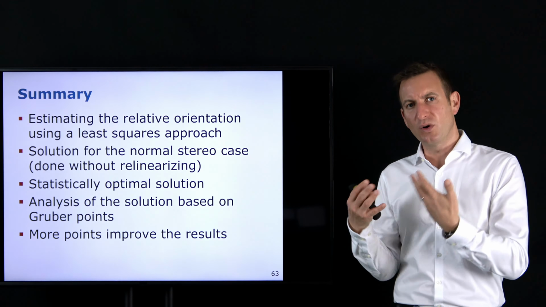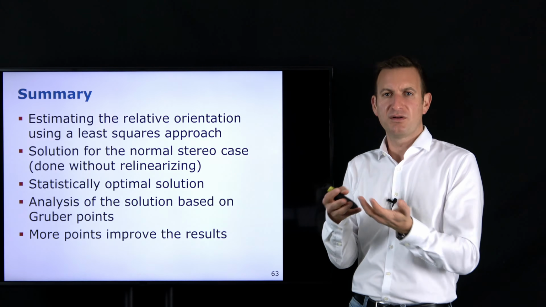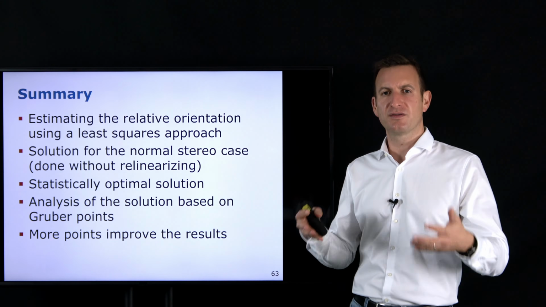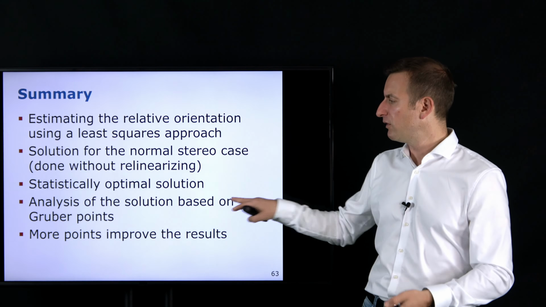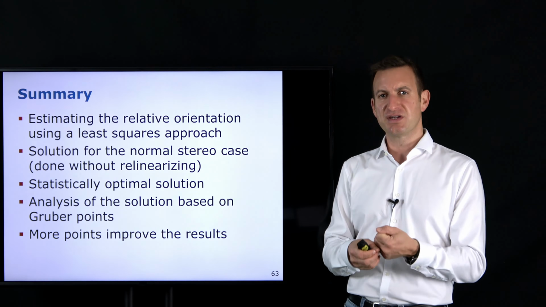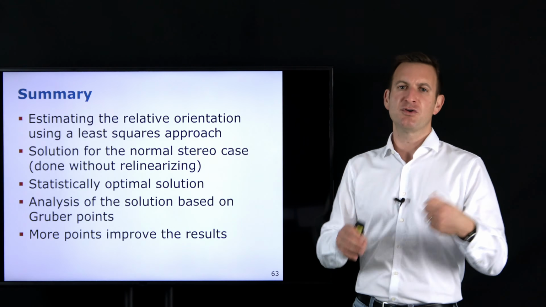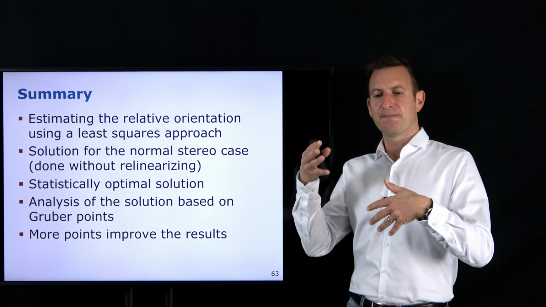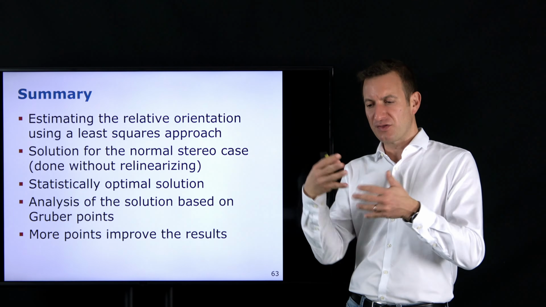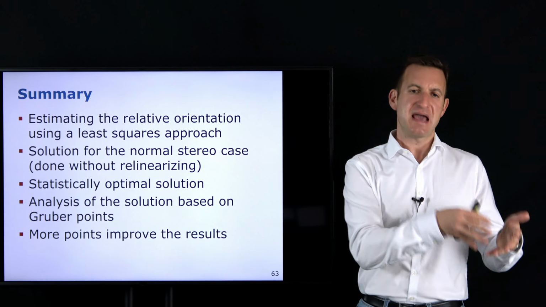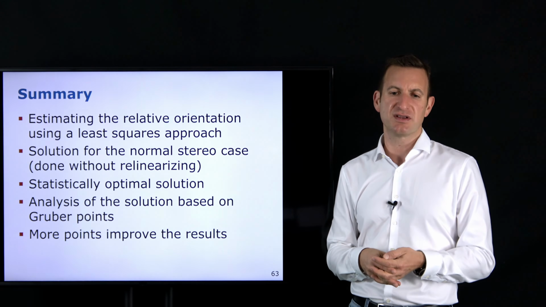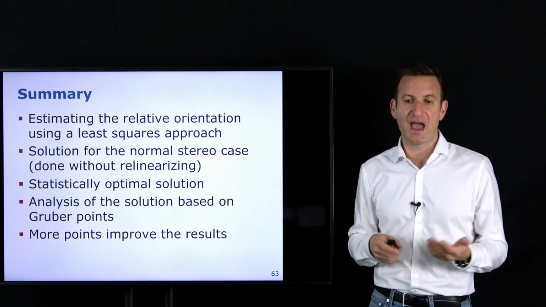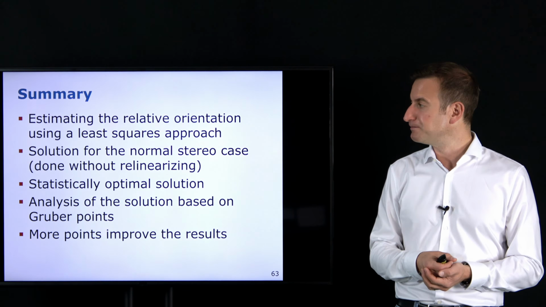We looked into one specific geometric setup of points, the Gruber points or Gruber double points, for which I can make a direct relationship and say how the configuration of the points impacts the unknown parameters of the relative orientation that I want to estimate. And as is always the case, the more points you have, the better your result will be.